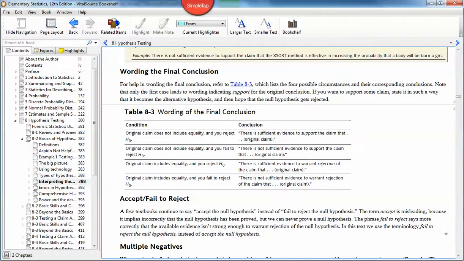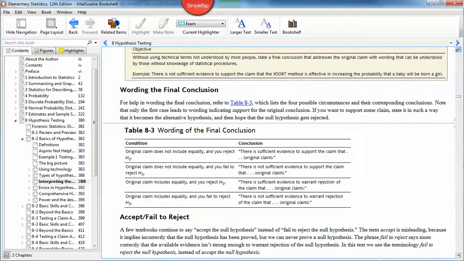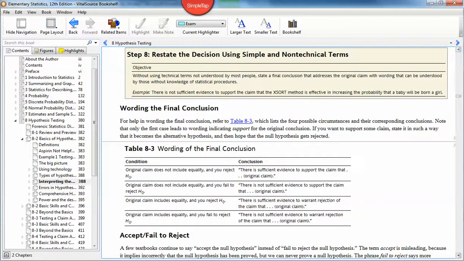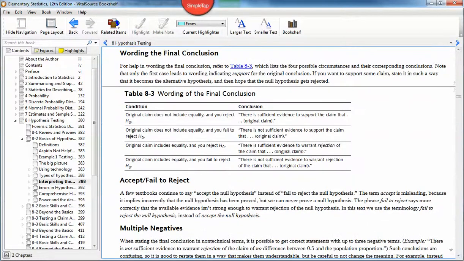That table is here in your ebook. It's table 8.3, in section 8.2.